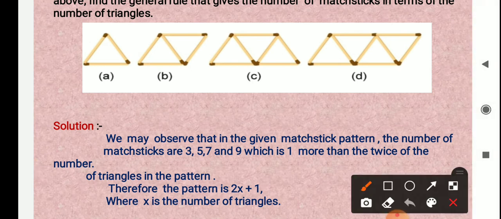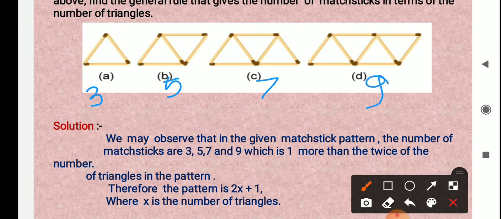Here, if you observe this matchstick pattern, for one triangle, how many matchsticks are needed? 3. Now the second pattern: 1, 2, 3, 4, 5. For the first pattern we need 3 matchsticks, for the second pattern 5, then for the next, the C pattern, 7, and for the D pattern 9.